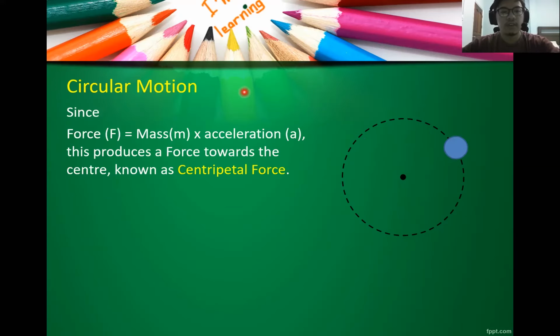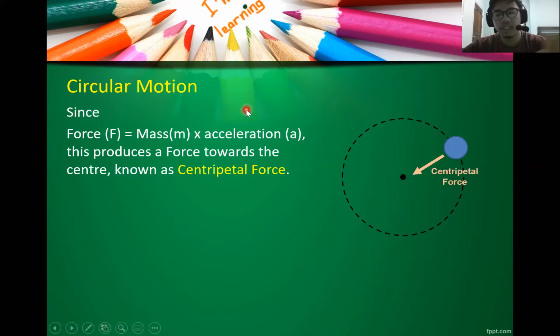Since force is equal to mass times acceleration, that is Newton's second law, F = ma, we can figure out the direction of the force. We know the direction of the acceleration, so we can figure out the direction of the force. The acceleration is pointing towards the center, so the force must be the same. It is also pointing towards the center.